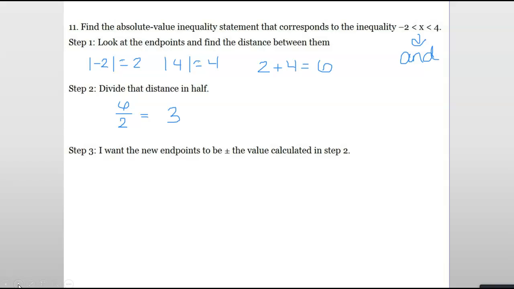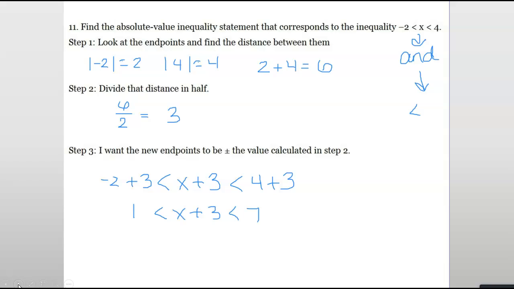So what we want to do is find a new midpoint or a new equation by moving our graph. So we can add 3 to every piece of the puzzle. And then since this is an "and," inequalities are less than is "and."